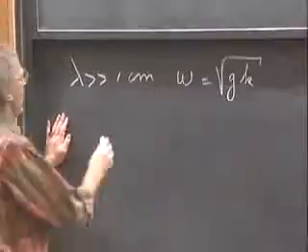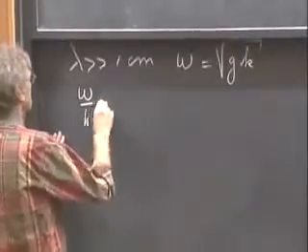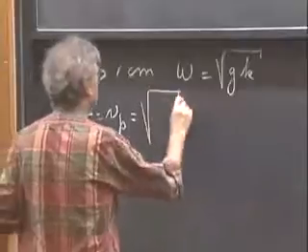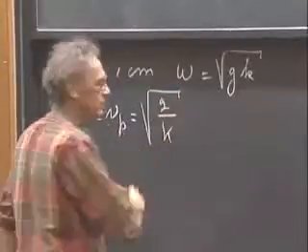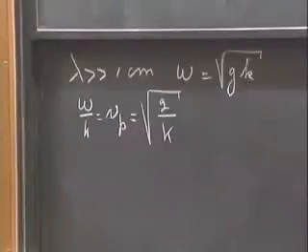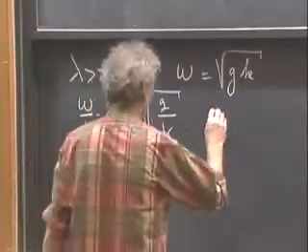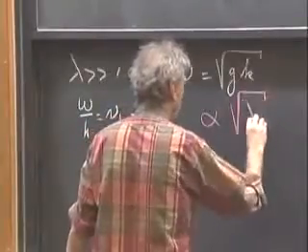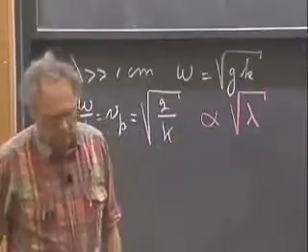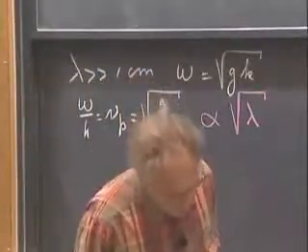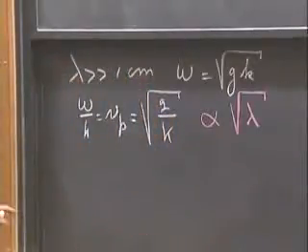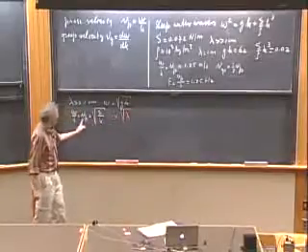And so omega divided by k, which is the phase velocity, is therefore the square root of g divided by k. Do we agree? And notice that this is therefore proportional to the square root of the wavelength, because 1 over k is proportional to lambda. So what it means is that the larger the wavelength, the higher the phase velocity. If lambda is larger, k is smaller, the higher the phase velocity.